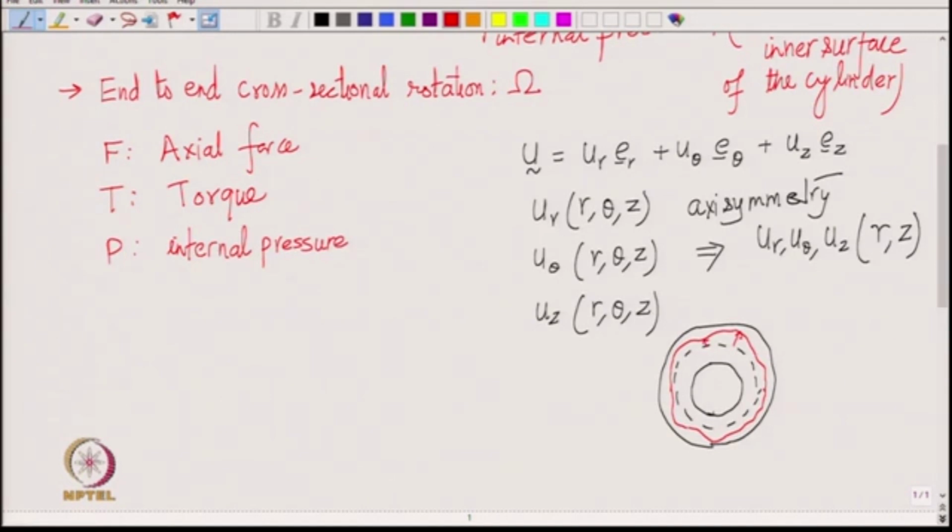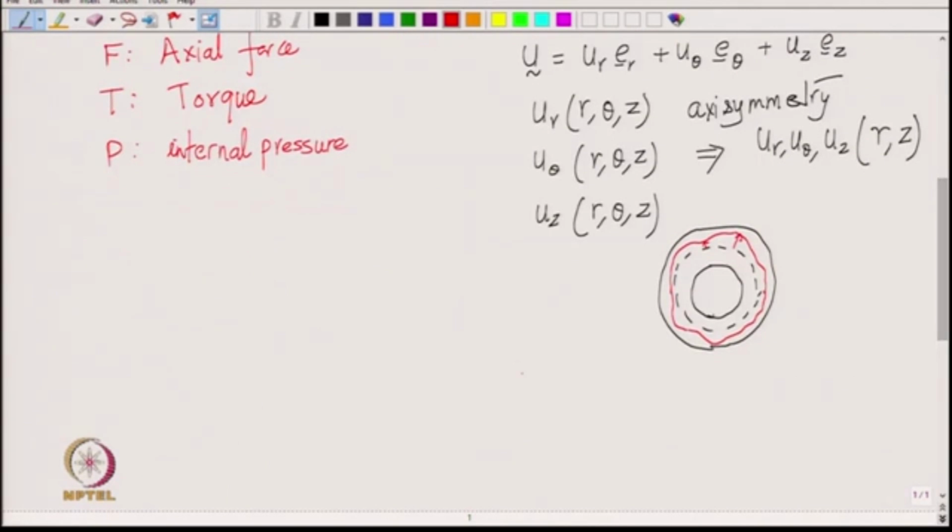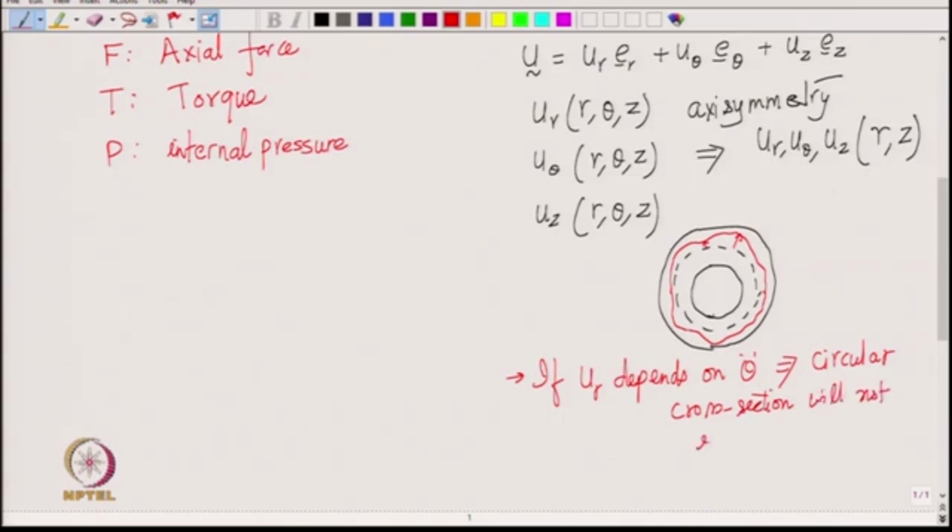So, we want to avoid that situation. So, we want to restrict to deformation which are symmetric. So, that means circular cross section remains circular. So, I will just write here, if u r depends on theta, then circular cross section will not remain circular.